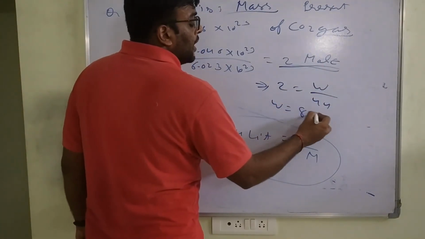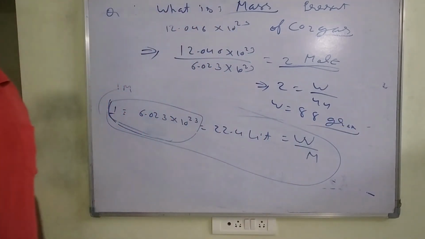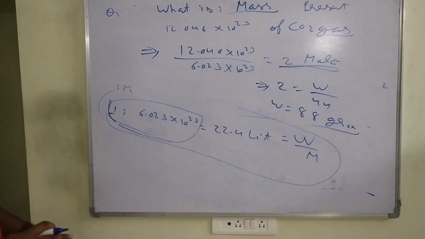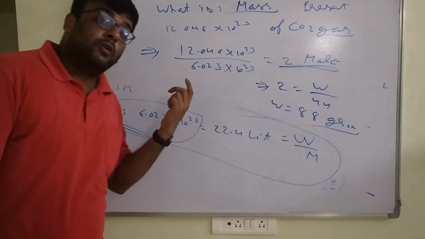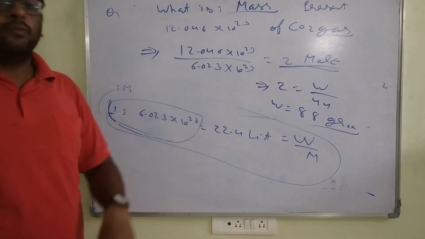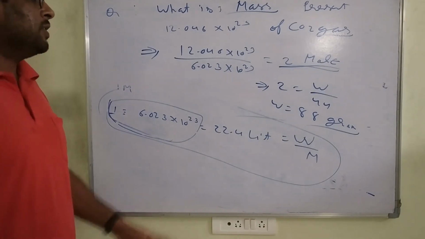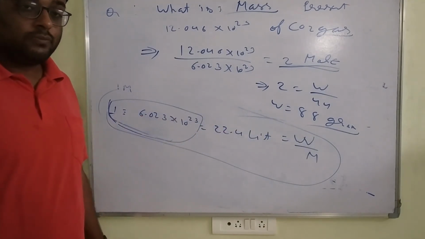W equals 88 gram. So whatever is in the question, first of all convert into a mole. Suppose it is a gram, convert into a mole. Suppose it is asking the molecules or atoms, multiply. If it is the reverse, molecules or atoms or volume, first of all convert into a mole by dividing, and after that you convert into a gram. Are you getting my point?